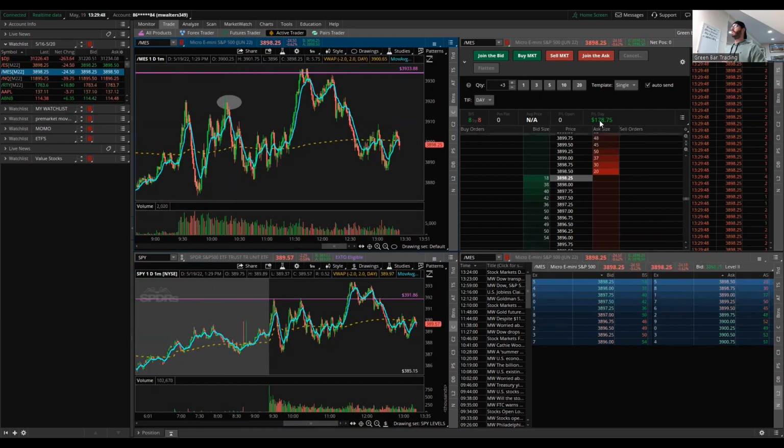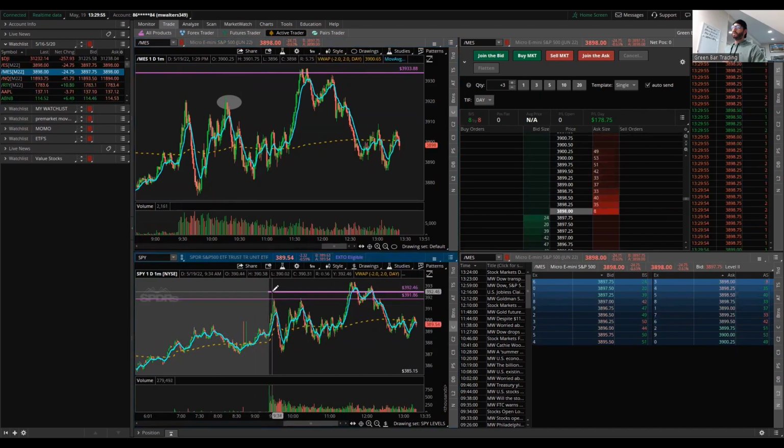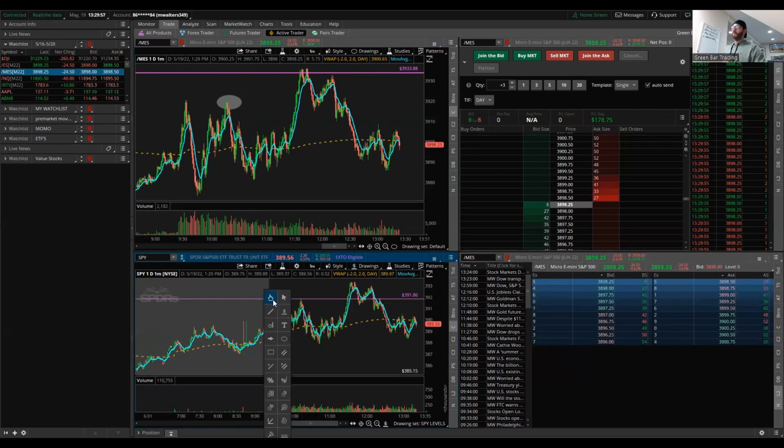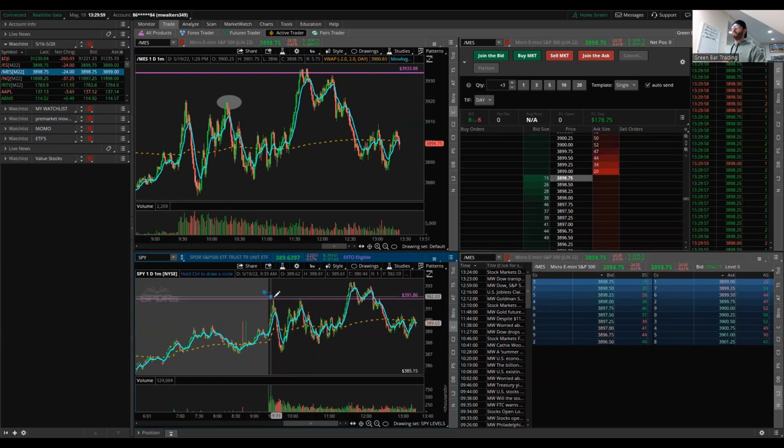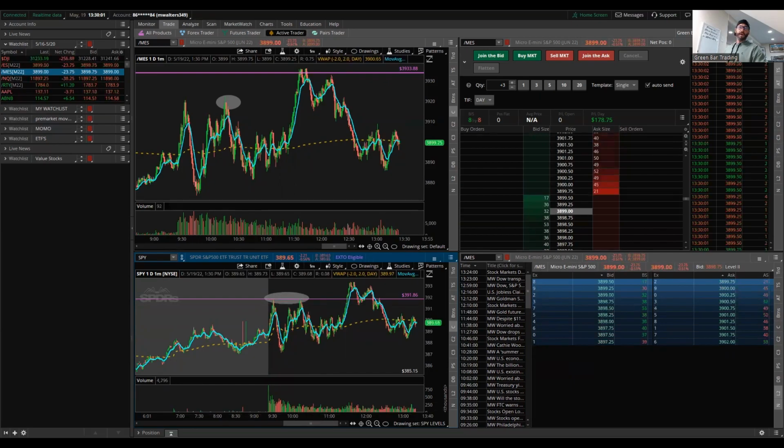Okay, and that's what led to a lot of my success here today. And that's strictly down here, this area that we saw right in there. Price went right to it. So it's good to know and to look at multiple things when you're trading.